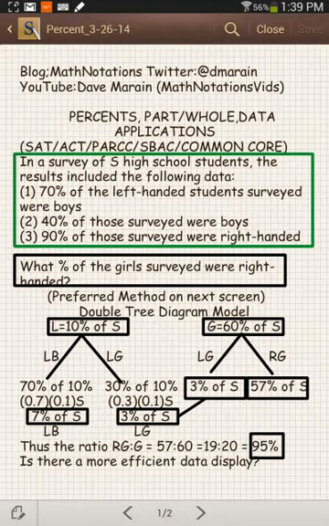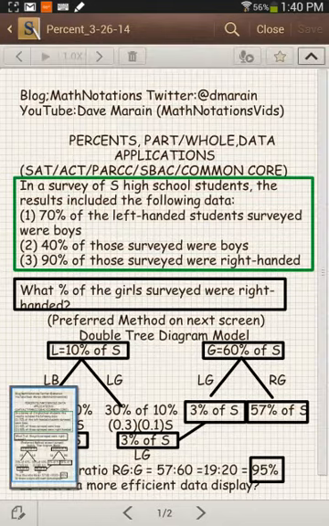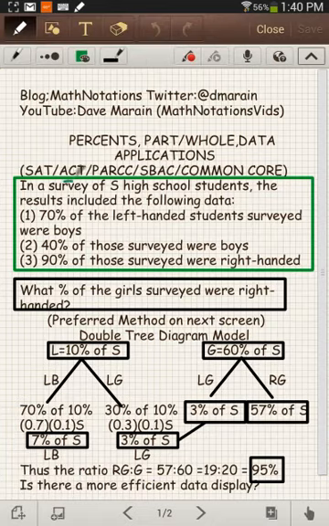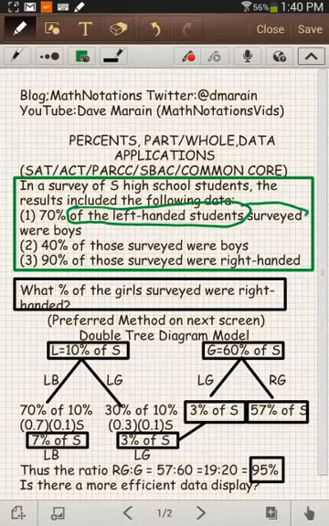Of the left-handed students surveyed. And that's the boys. And then 40% of those surveyed were boys, and again, it's of those surveyed.